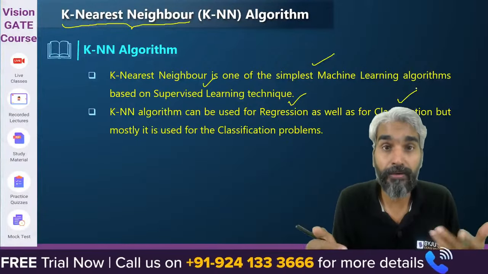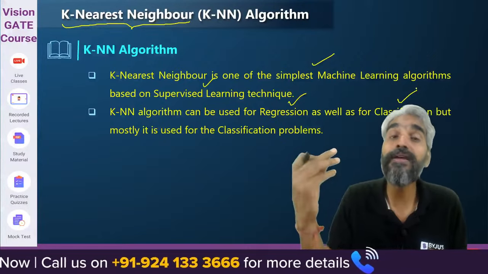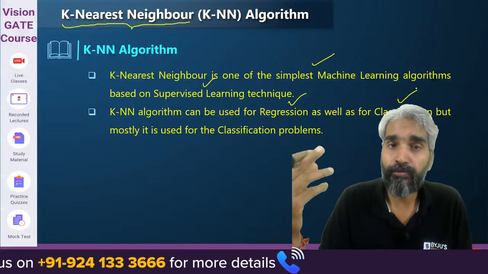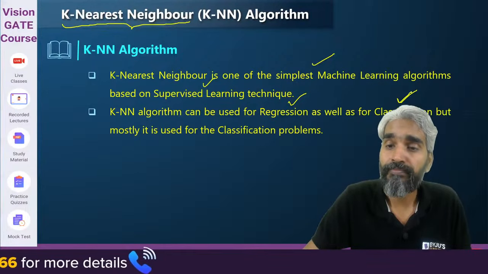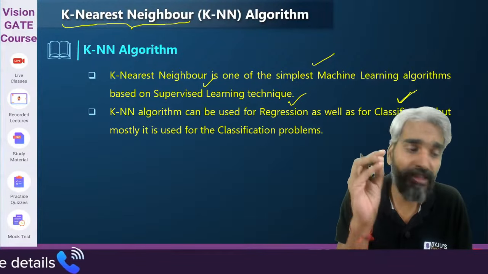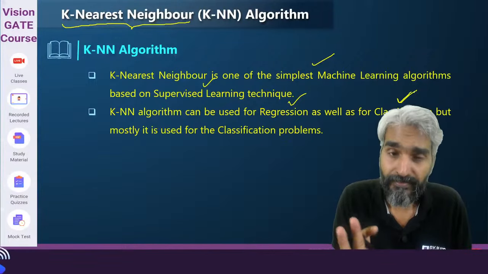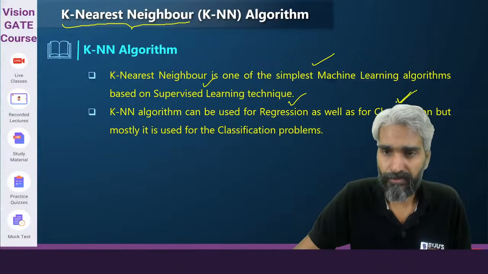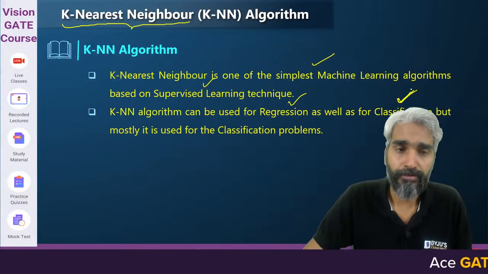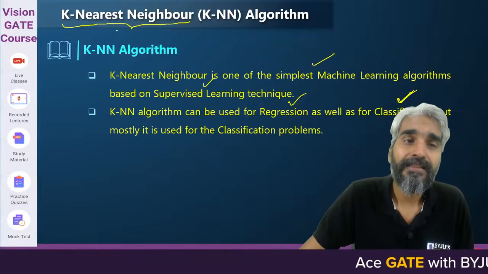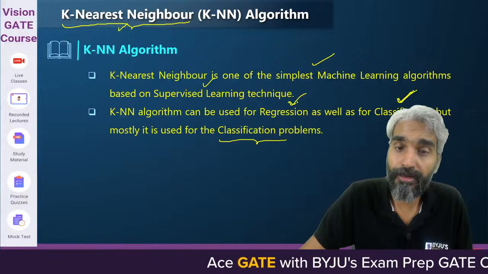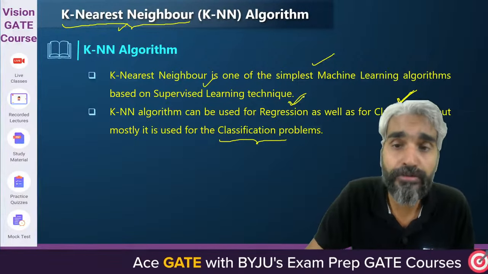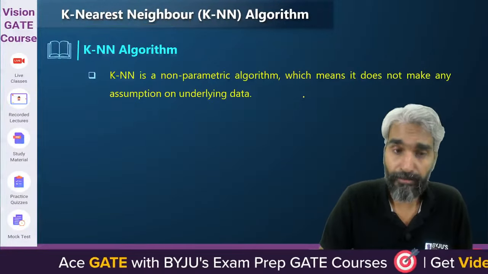In regression, the output will be a continuous variable; it can take any value. But in a classification problem, your output will be one of the classes which are predefined. Mostly this algorithm is used for classification problems. You can also use it for regression, but generally it is defined for and used for classification problems.